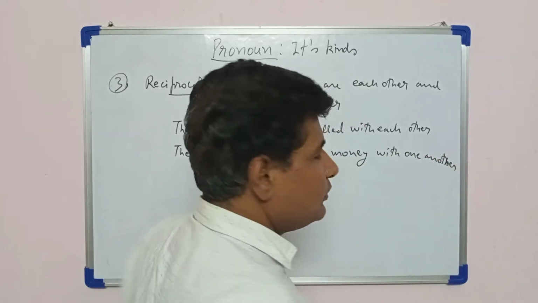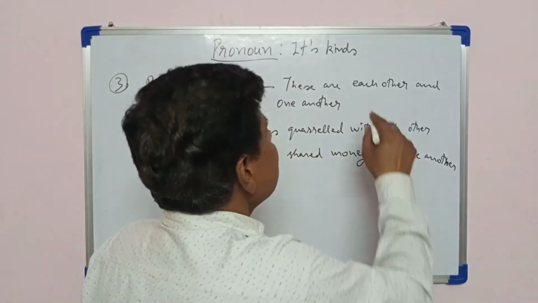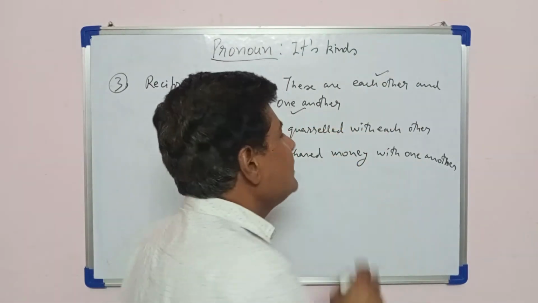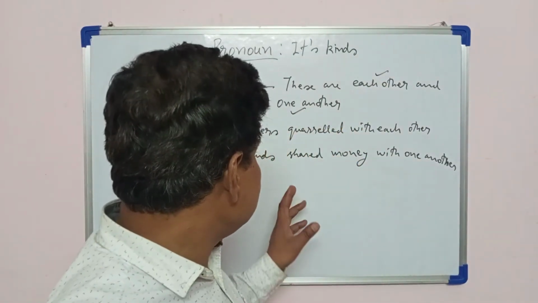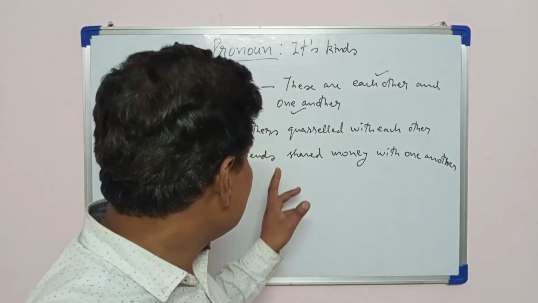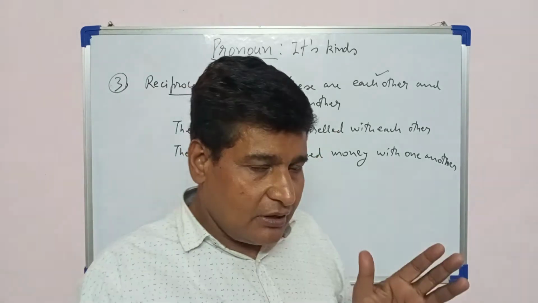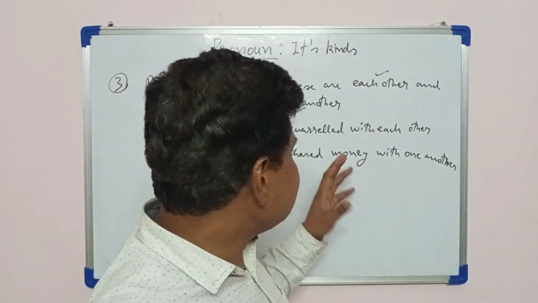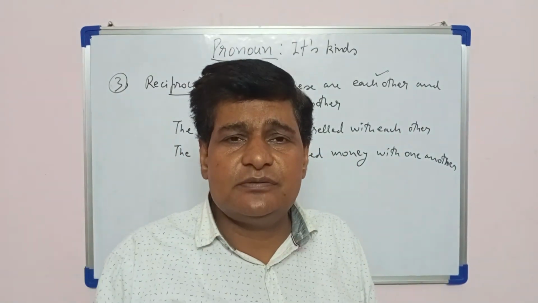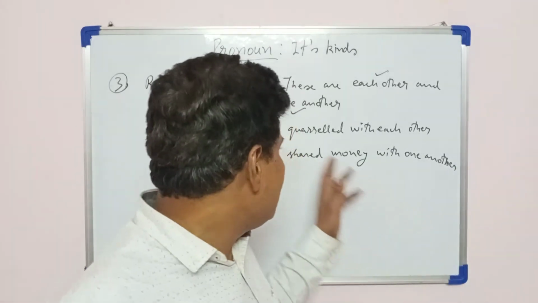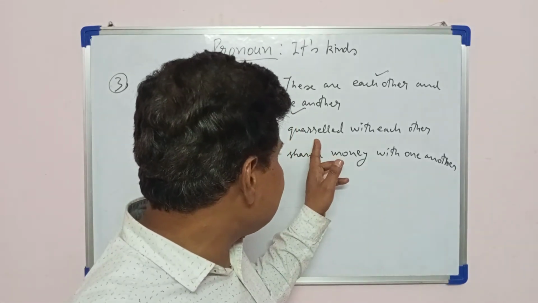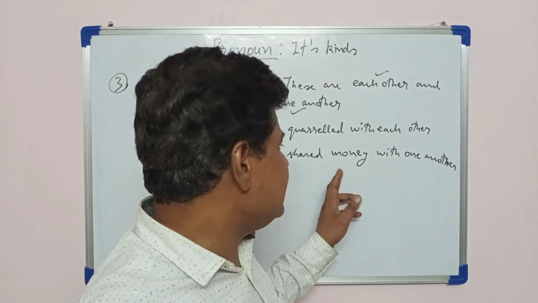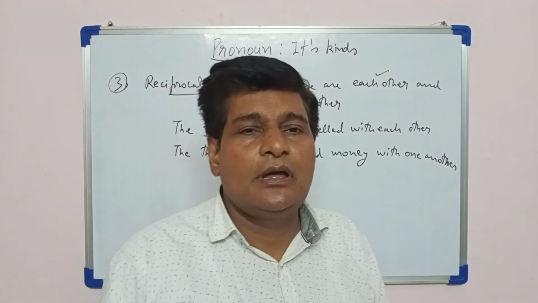So here reciprocal pronouns are each other and one another. These will be used in such situations where there are a number of people and they are trying to share something. Either it is a positive thing or it is a negative thing. As the first sentence indicates some negative thing and the second indicates some positive thing.